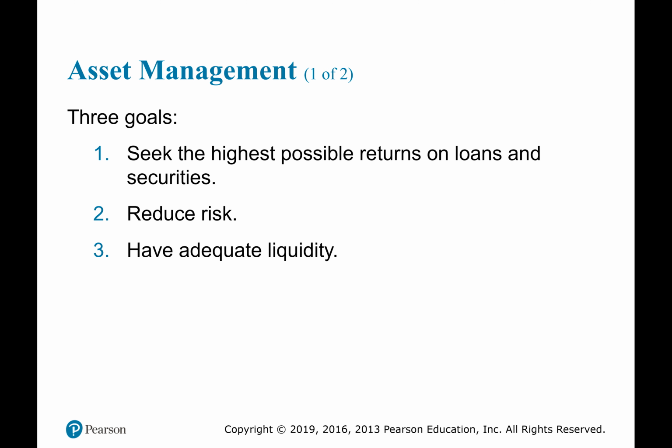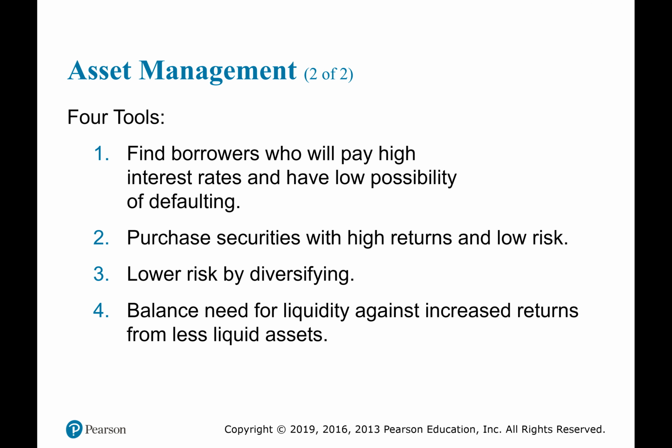In terms of asset management, there's really three goals: seek the highest possible returns on loans and securities at the least risk possible, and have adequate liquidity. And so what do banks do? Well, first of all, they try and find borrowers who are going to pay high interest rates and have the lowest possible probability of defaulting. They're going to purchase securities with high returns and low risk.